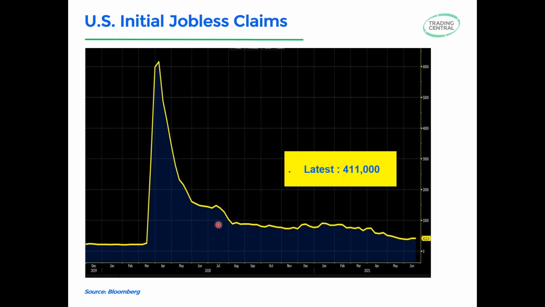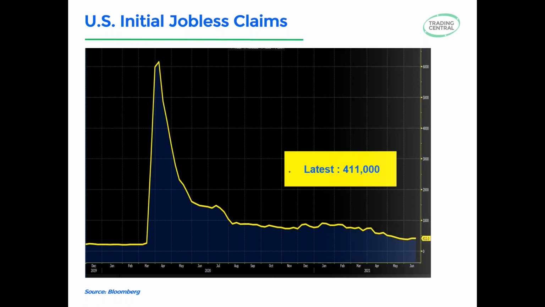Well, you will notice that nowadays we always talk about pre-pandemic levels. For example, we will see oil price at pre-pandemic levels, jobless claims at pre-pandemic levels. Now you can see the jobless situation is improving.